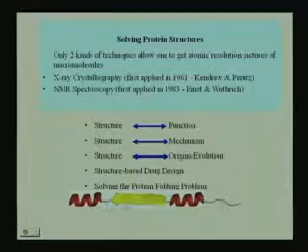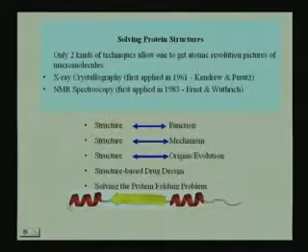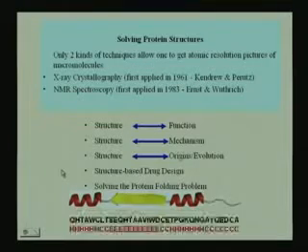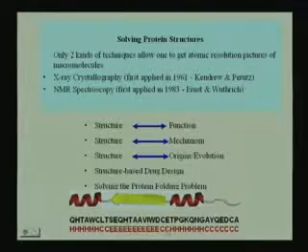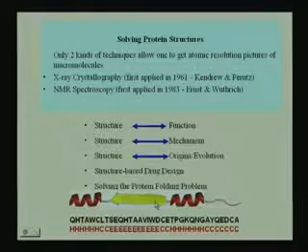So, say we have something like this. We have a random coil, an alpha helix, a beta strand, and an alpha helix here. What we want to know is, this is say the sequence in one letter code. What do I want to know? I want to know whether H means helix, C means coil, and E means extended sheet.